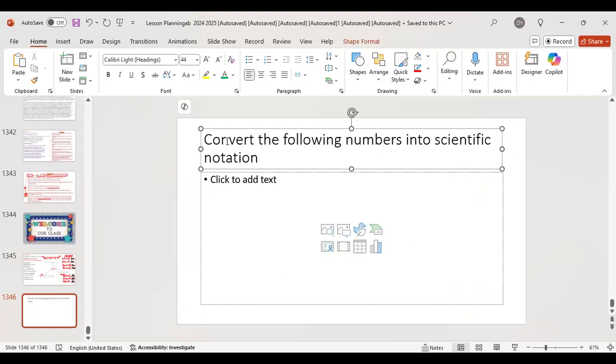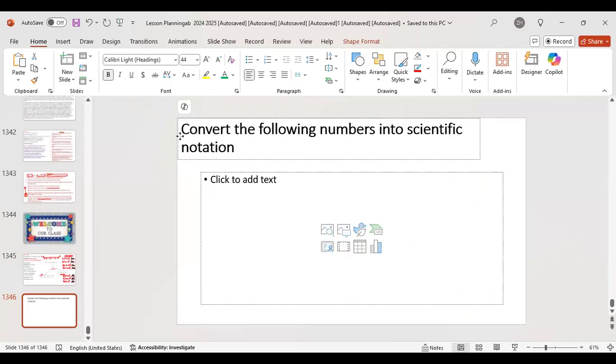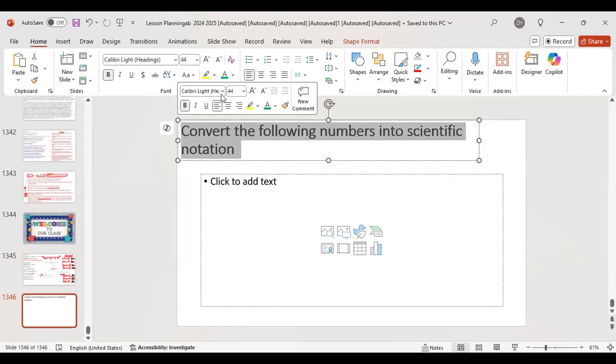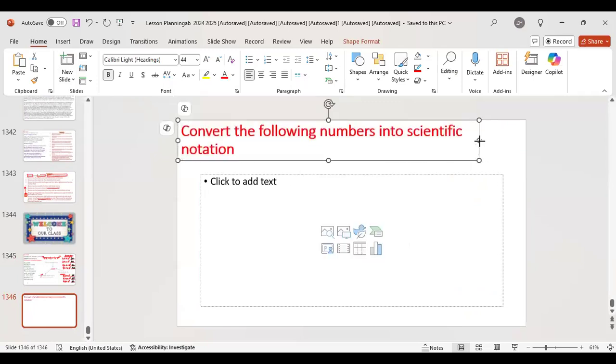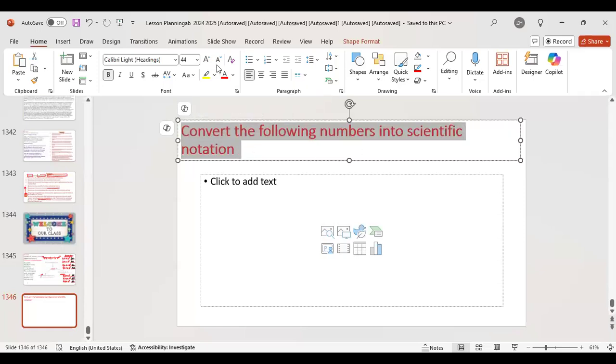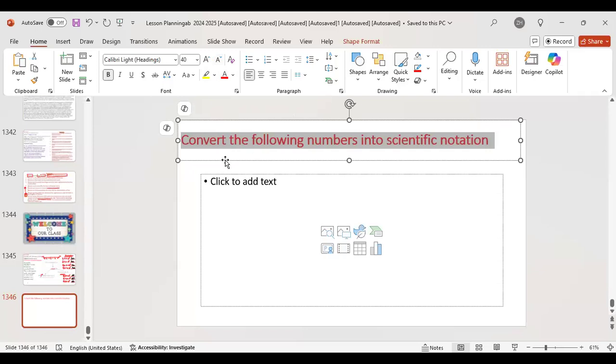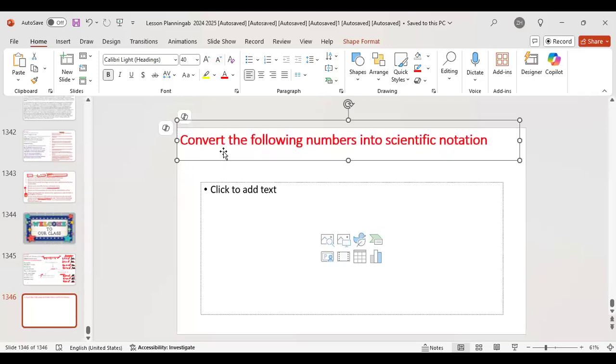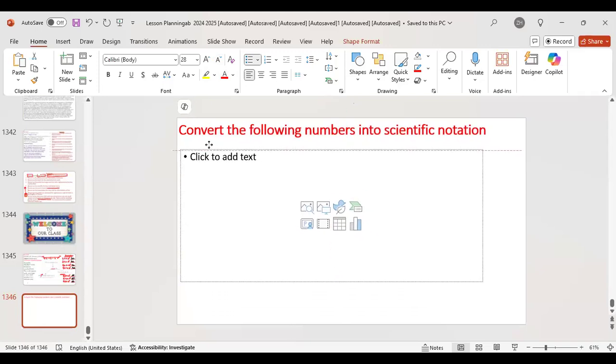What is another term for scientific notation? Standard form. Very good. Standard form is another way to say scientific notation. So let's go ahead and convert these into scientific notation.